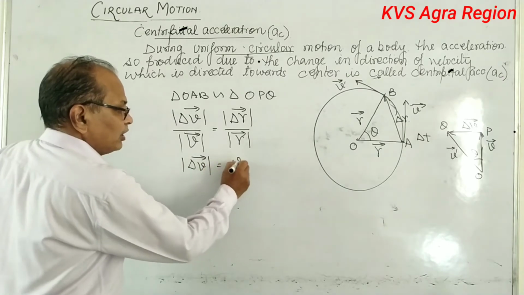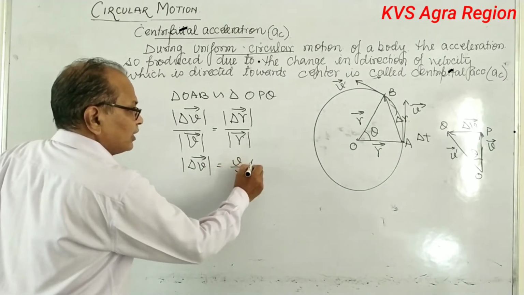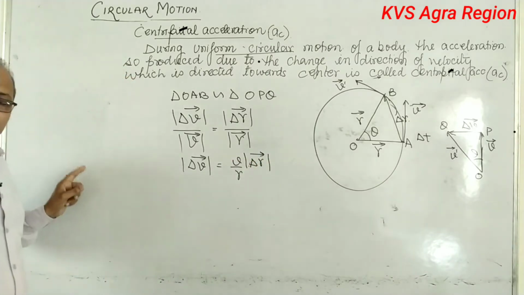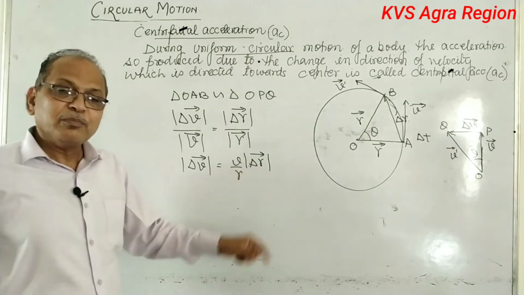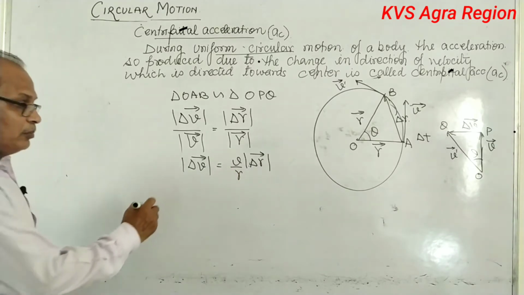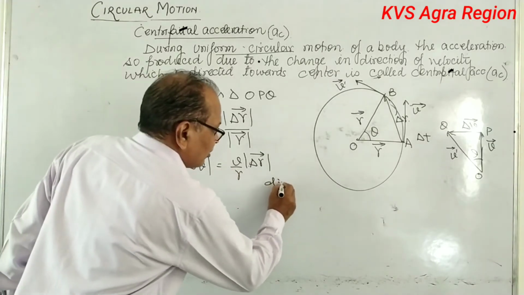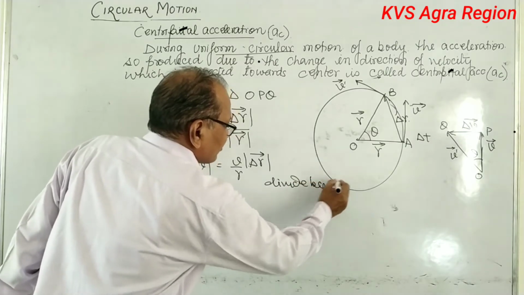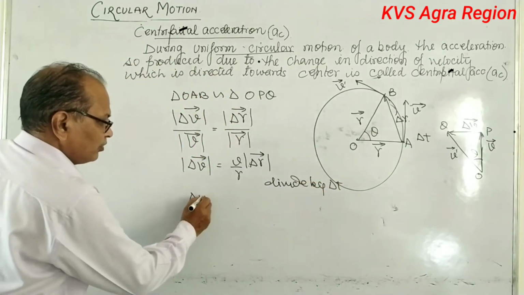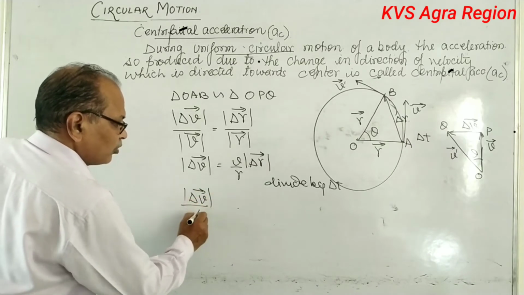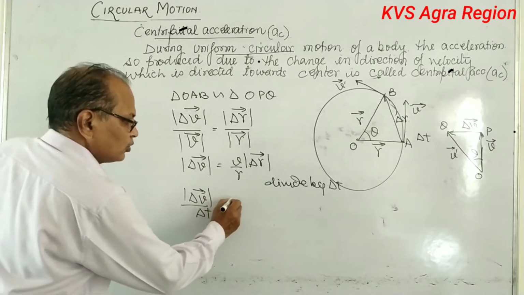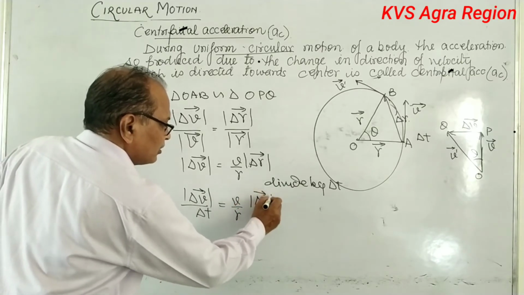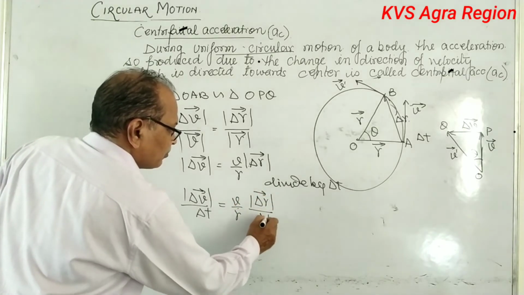It is v upon r times delta r vector. If we divide this expression by delta t, then the modulus of delta v upon delta t is equal to v upon r times delta r vector upon delta t.